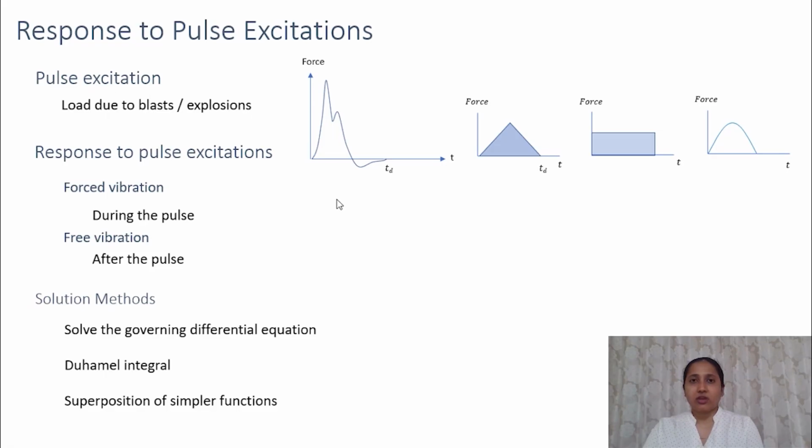We also learned the Duhamel integral, so we can treat any type of force as a series of impulse functions, and then use Duhamel integrals to find the response. And for these pulse excitations, we can also use superposition of simpler functions. That means we can express a pulse as a superposition of other simpler forces.